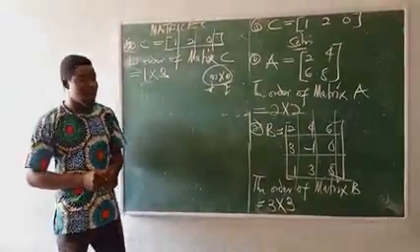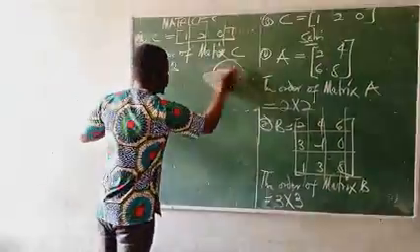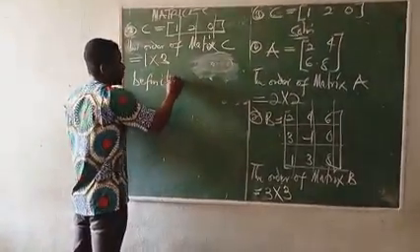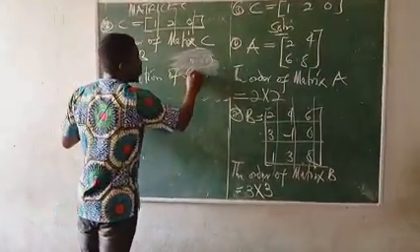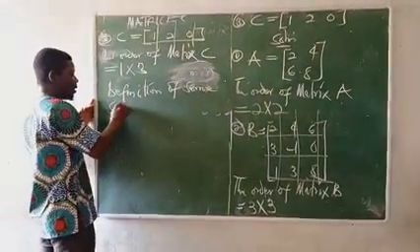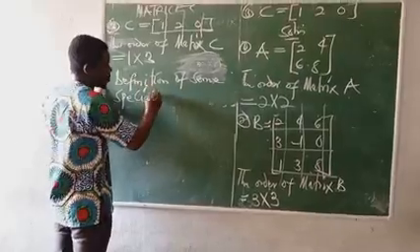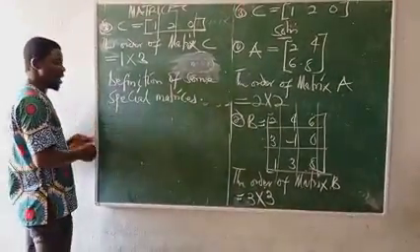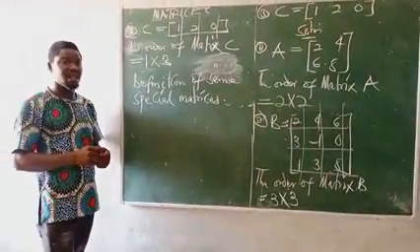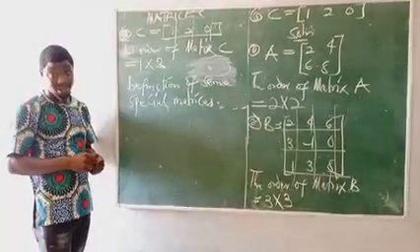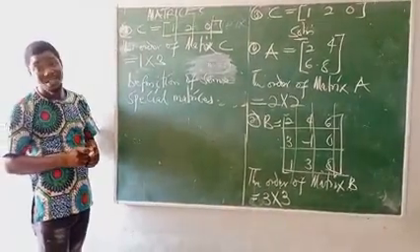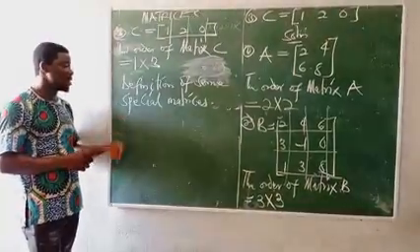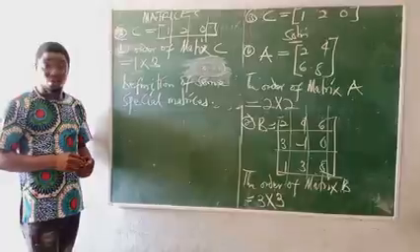So I will briefly dash into the definition of some special matrices. Meanwhile, I will list some of the special matrices, then I will define them orally. So you listen to my voice so that you can understand it from there. I may not write them out, but I'm going to list them now, and then I explain orally.